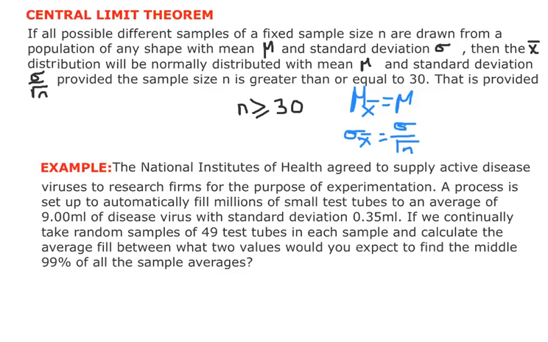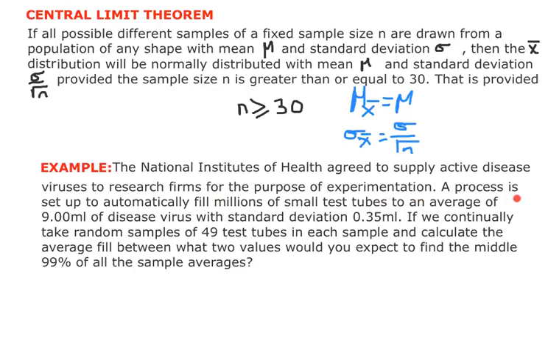So how can we apply this central limit theorem to an example? Let's look at an example. The National Institutes of Health agreed to supply active disease viruses to research firms for the purpose of experimentation.